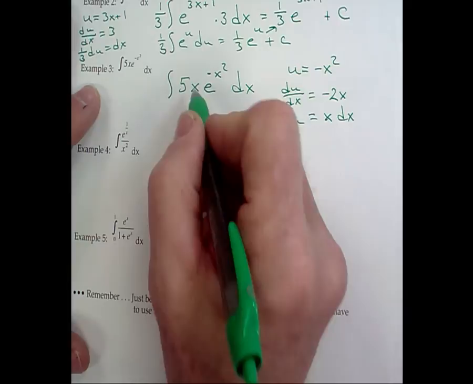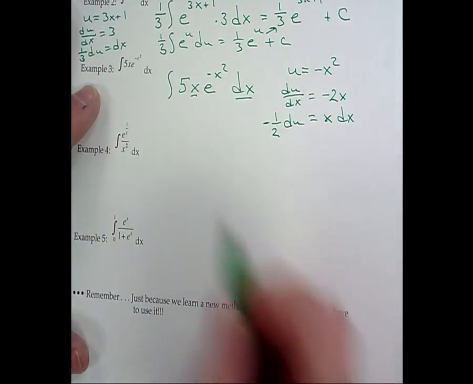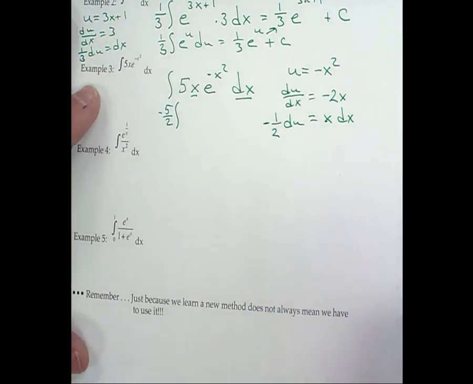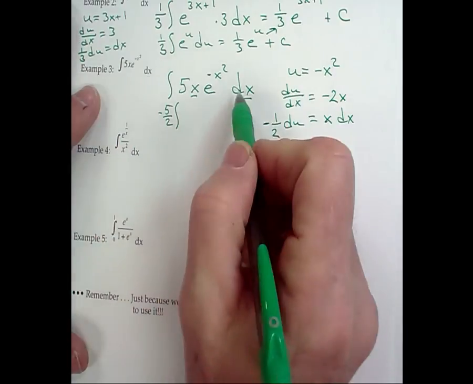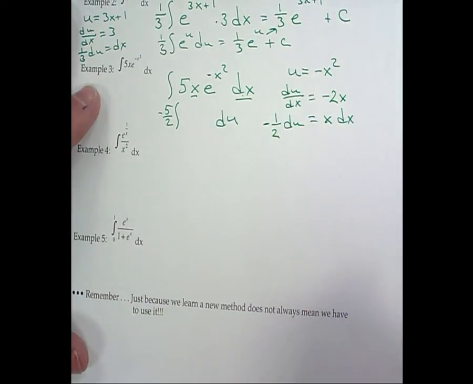Yeah. Okay. So here's your x dx right here. So can I write a negative 5/2 out front? Everybody okay where a negative 5/2 came from? And then this x dx becomes du. Are you in agreement with that, Aaron?